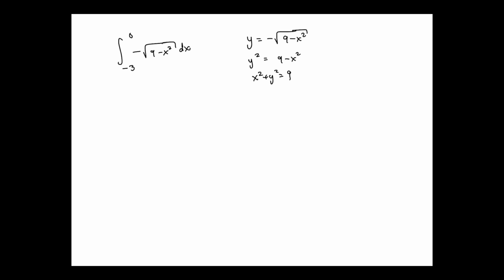That means it's radius 3 centered at the origin. If I sketch that, this would be the curve in question. Why do I know it's the bottom semicircle and not the top one? Because the function had a minus in front of it.